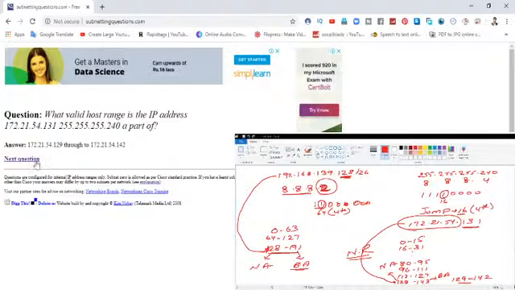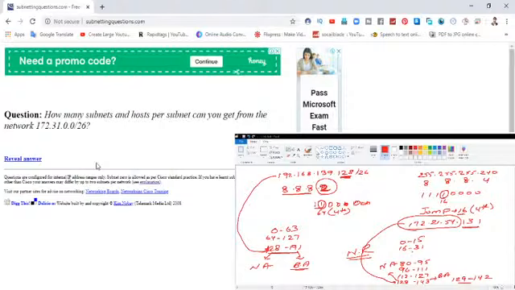The next question is, how many subnets and hosts per subnet can you get from the network? Here, as we know, the formula for network is 2 to the power n, and for host it is 2 to the power n minus 2.